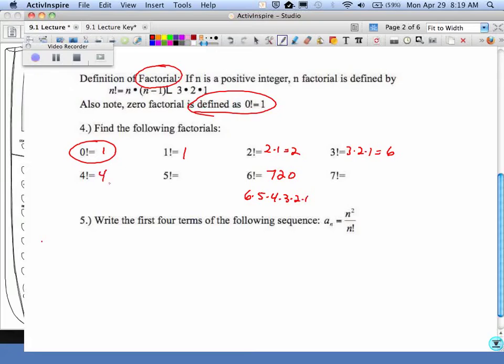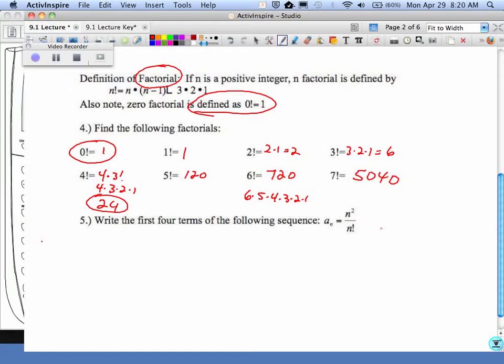So just multiply your last answer by 4 and I get 24. 5 factorial is just to take your last answer and multiply by 5. You get 120. What's 7 factorial? 5,040. Good. By the time you get up there, you're probably wanting to do the factorial on the calculator. So again, with somebody sitting near you, write down the first 4 terms.